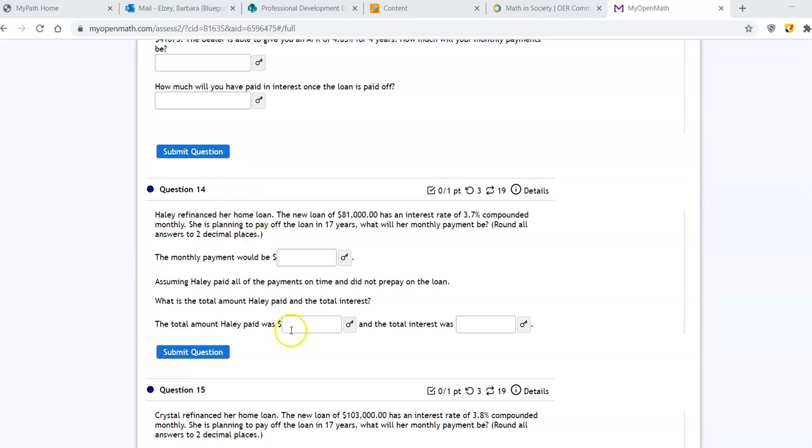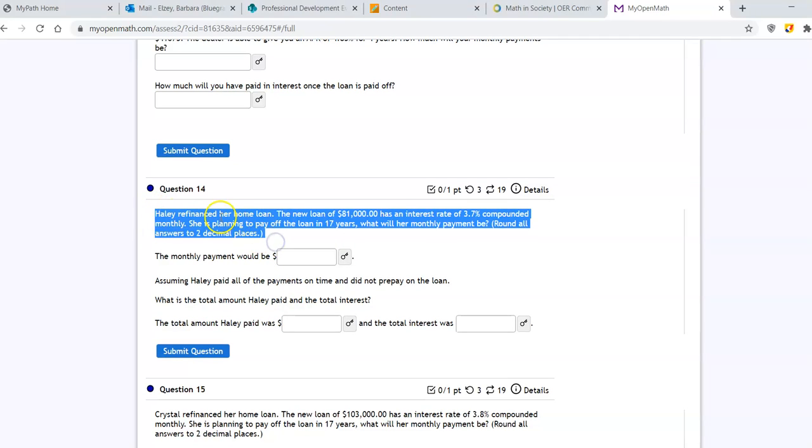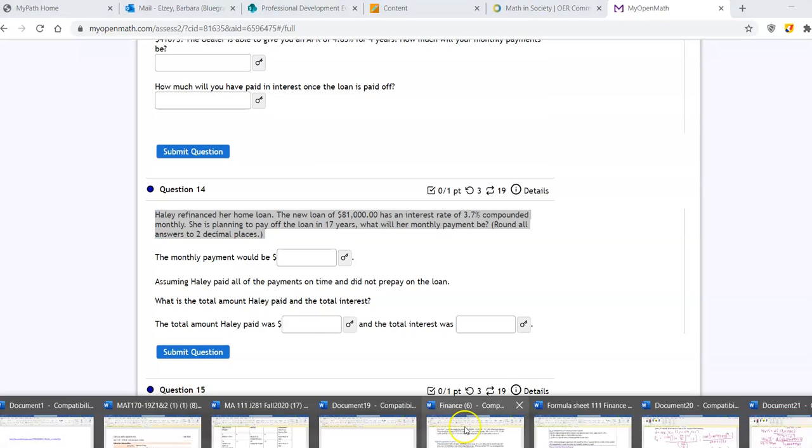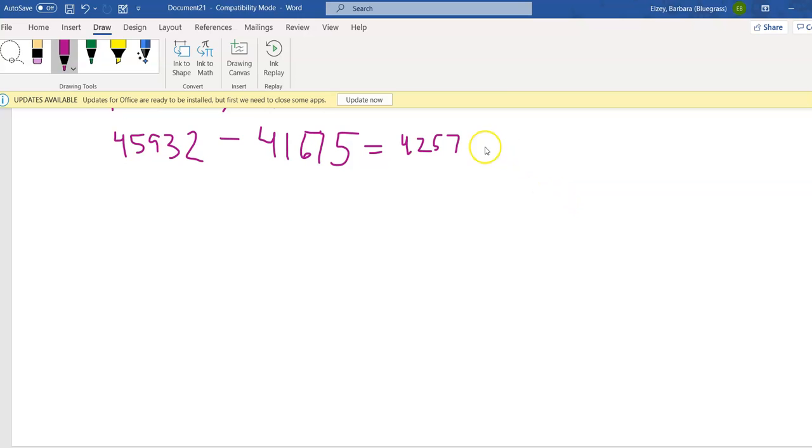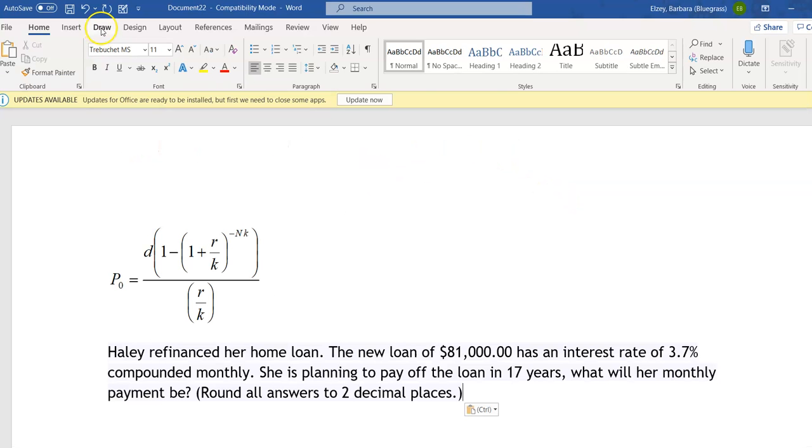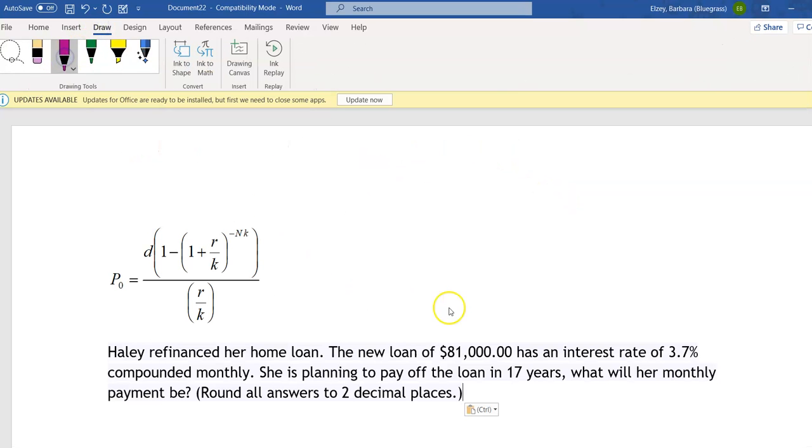All right, and we have several questions to answer, but let's start with that monthly payment. I'm going to copy that thing and paste it again. It's a loan, so we're going to use the same loan formula we did for the car. And so let's identify everything.